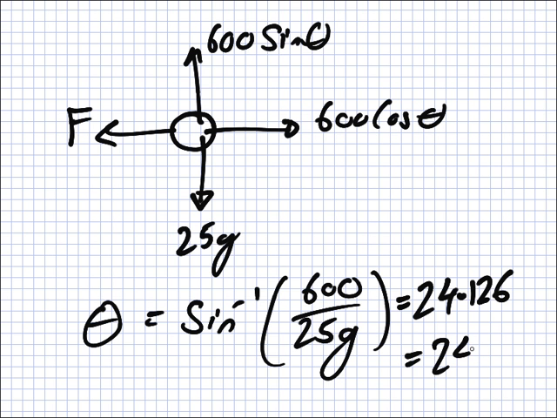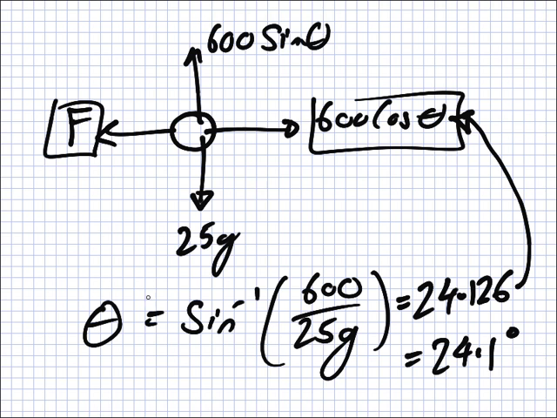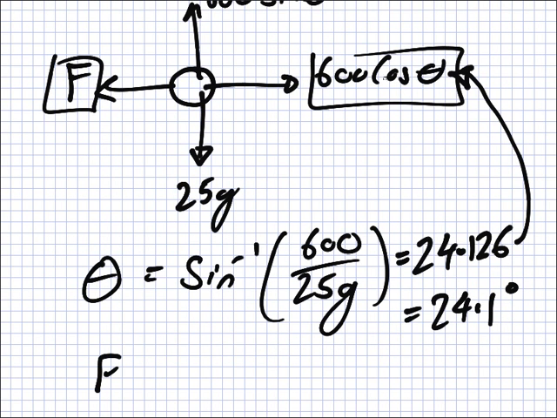So I need to see 24.1 degrees. And if you sub this back in here, because this is equal to F, you can get the F. So what is 600 cos 24.13? 547.5, so 548 newtons. Okay. Continue.